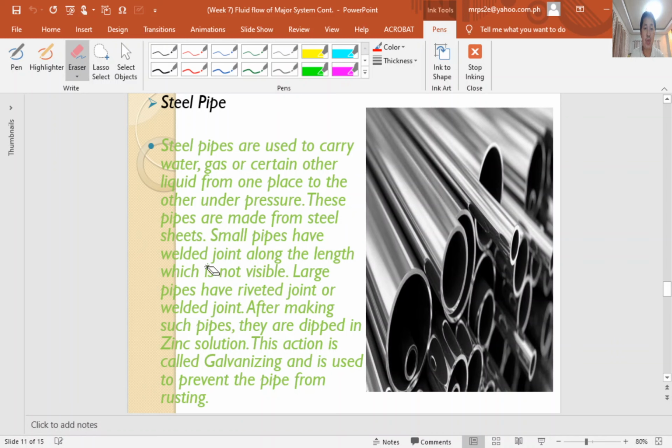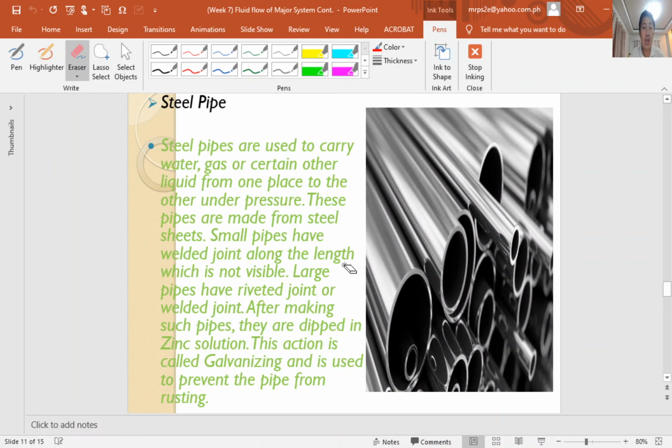Small pipes have a welded joint along the length, which is not visible. Large pipes have riveted joint or welded joint. After making such pipe, they are dipped in zinc solution. This action is called galvanizing and is used to prevent the pipe from rusting.